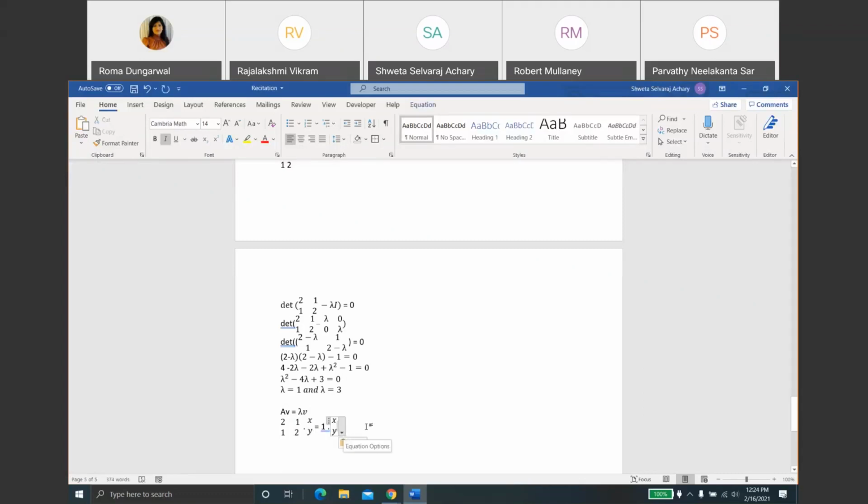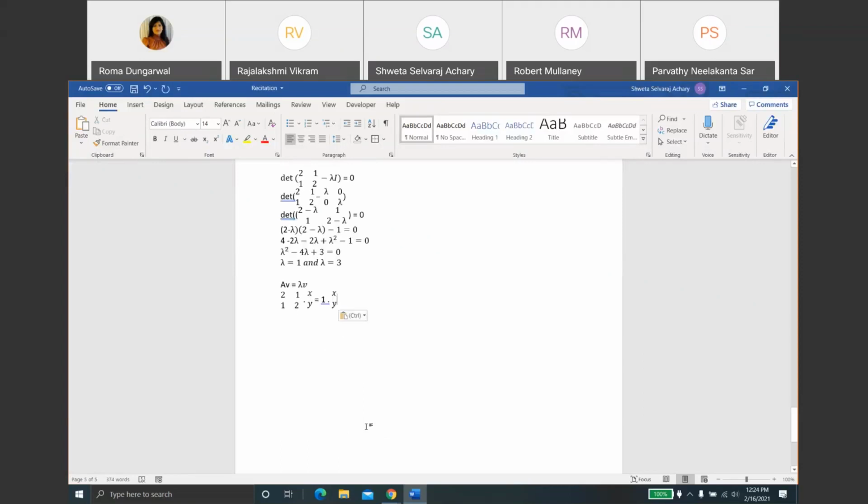x, y. When you solve this, as I told you, in a matrix and vector multiplication, 2 into x plus 1 into y will be your first element. So your first element will be 2x plus 1y.